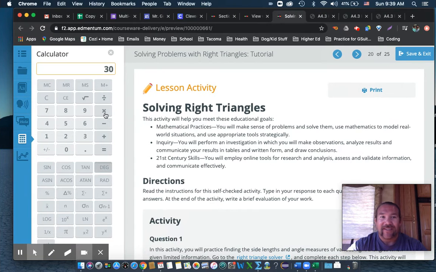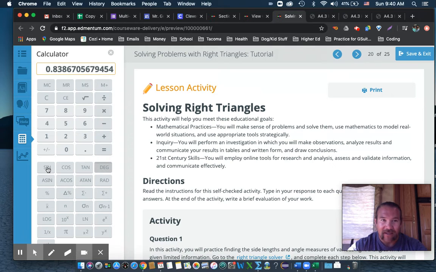So 30 times 57. Now it's sine 57, but you have to enter in 57 first, because when I click the sine function, these are our trig, but you're going to be using these 6 buttons down here. Make sure that this is clicked, by the way, degrees. So 30 times the sine of 57. Once again, that order, 30 times 57. You don't hit equals yet.